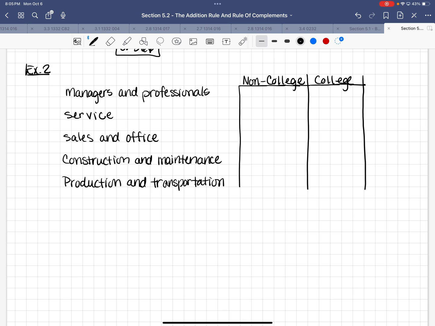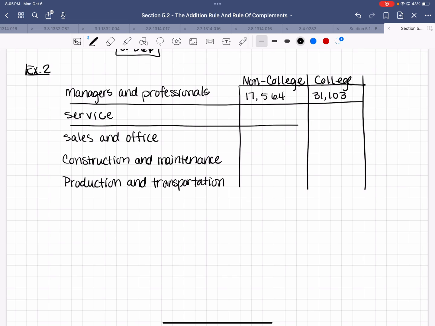Okay, managers and professionals that are non-college is 17,564. Managers and professionals that are college is 31,103. Service, non-college is 15,967. College is 2,385.